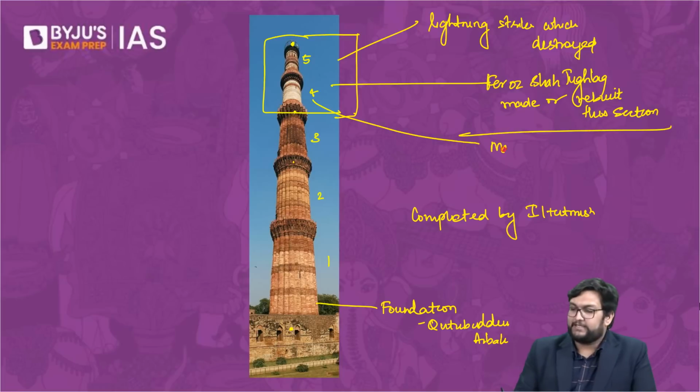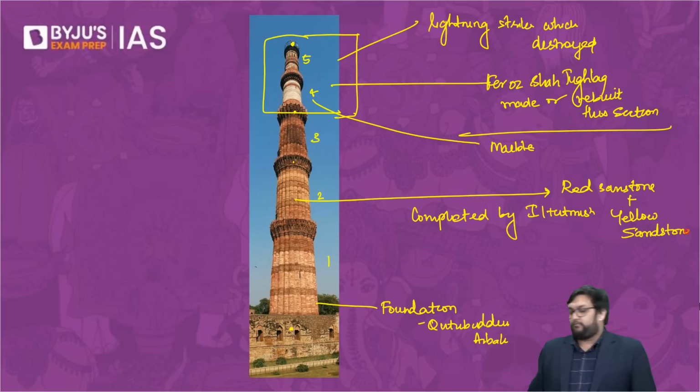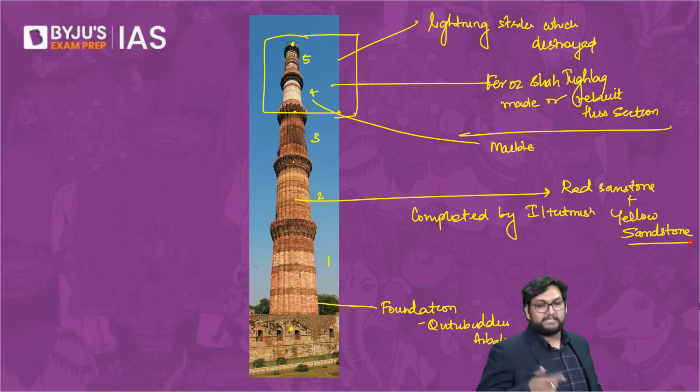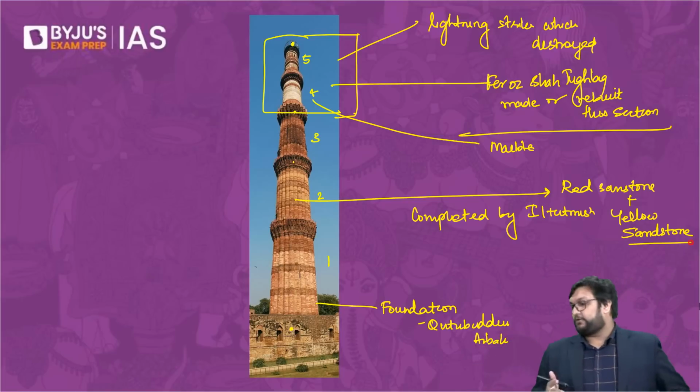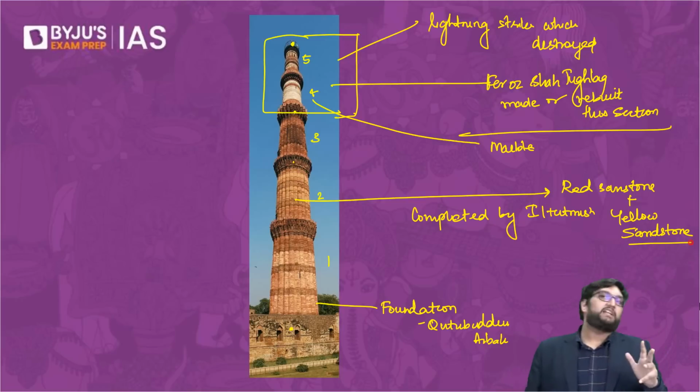Till here, it is red sandstone plus yellow sandstone. Marble decoration is very difficult. Doing it on sandstone is easier. There is a little bit of decoration, but with marble decoration, you can't use the same type of concept. That is why he used a panel to differentiate the colors.